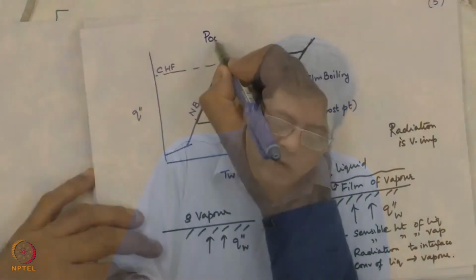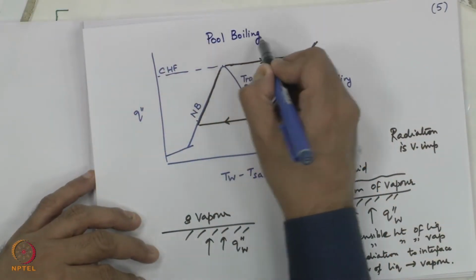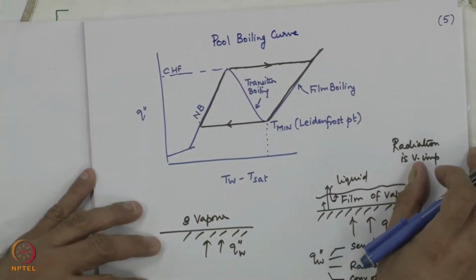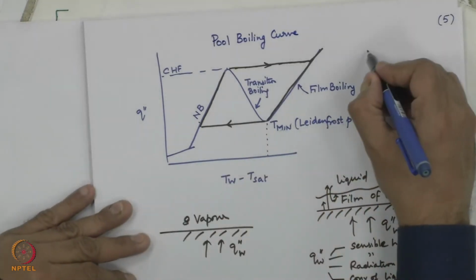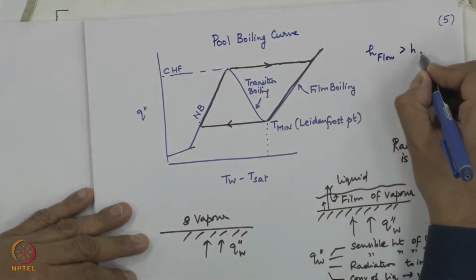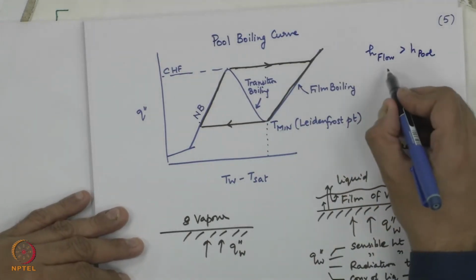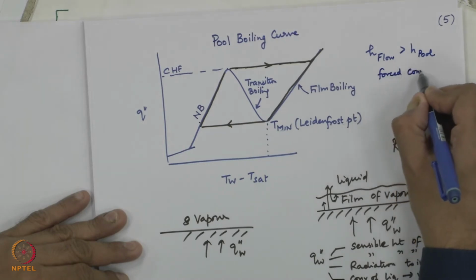See, this is called a pool boiling curve. For whatever reason, this is called a pool boiling curve. Now, you might ask me, okay, you have a pool boiling curve, there should be a flow boiling curve. No, there is nothing like a flow boiling curve. The nature of the curve is similar, except that the heat transfer coefficient for flow boiling would be slightly greater than the heat transfer coefficient for a pool boiling situation, because of the additional forced convection effect that is there.